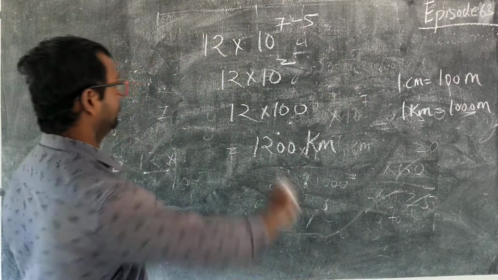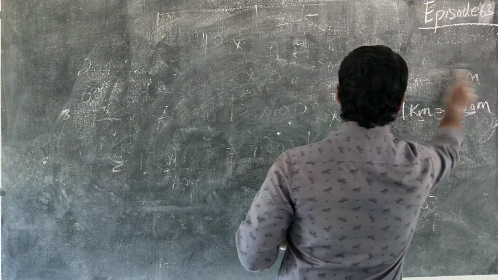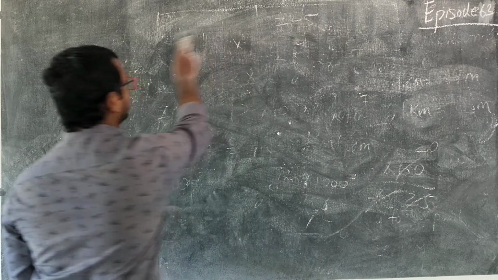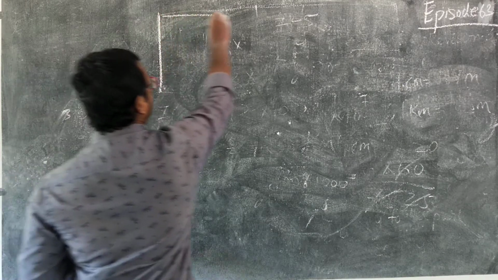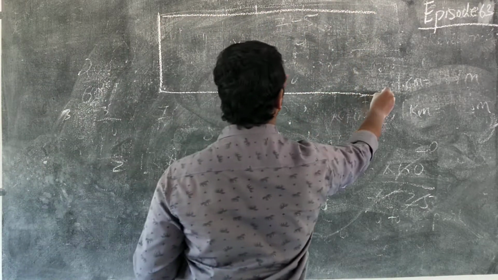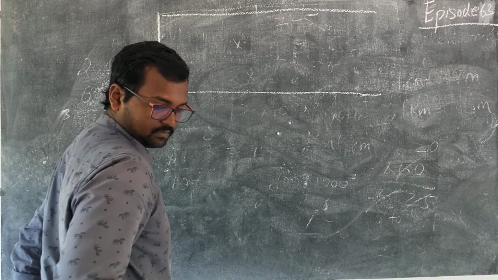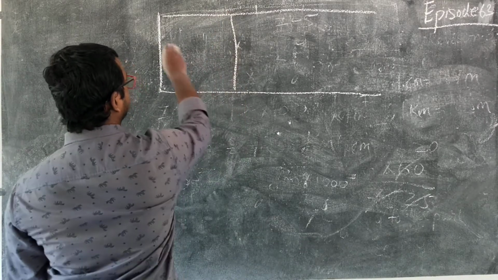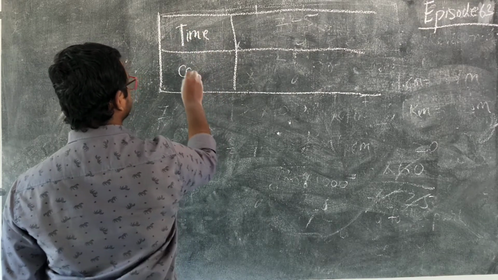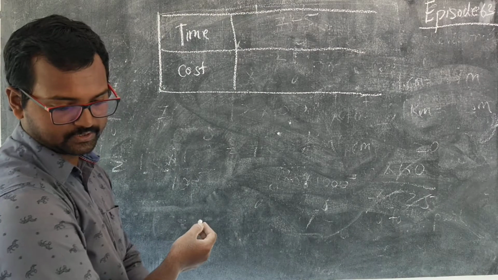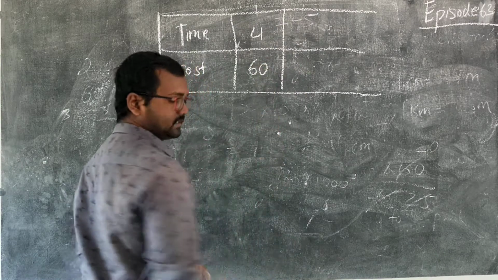Okay, see. So here we have time, then we have a cost. Time is 4 hours and the cost is 60 rupees.